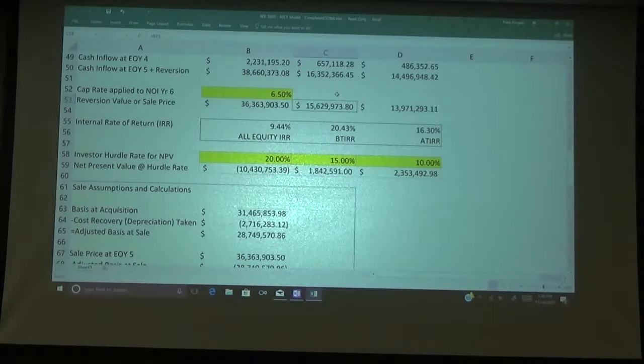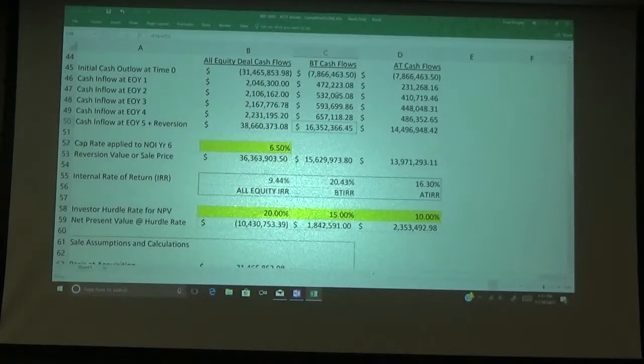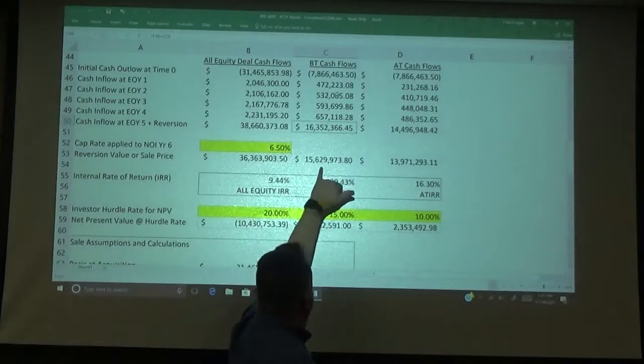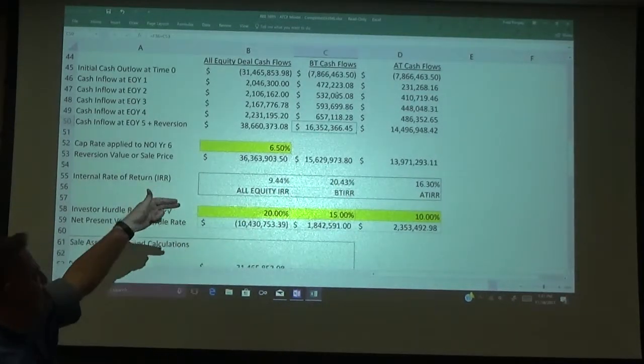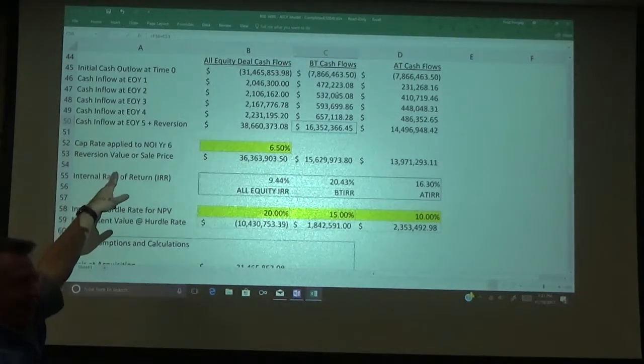Okay, so those get added in, obviously, to the final year cash flow. So the 16,352 is going to be equal to the 15,629.73.80 plus what? The final year before-tax cash flow of year 5.